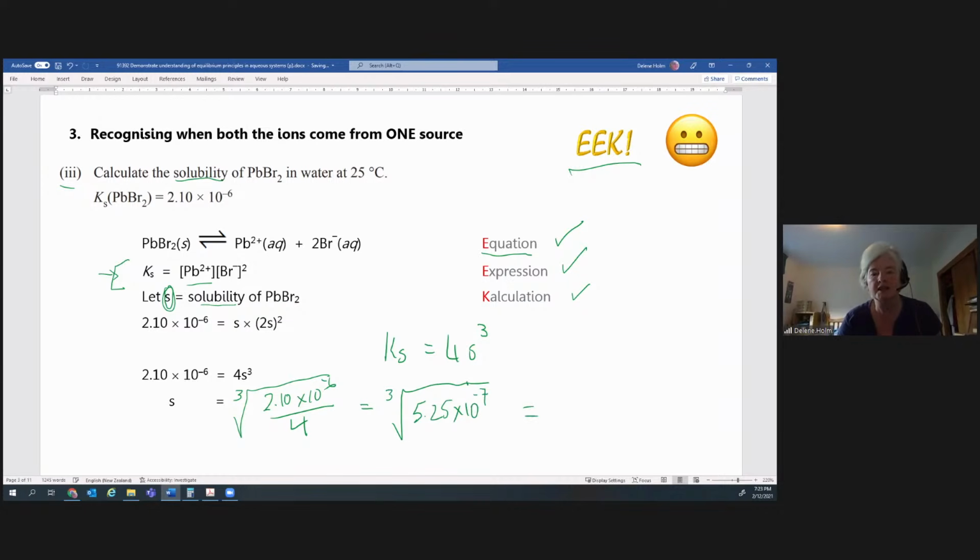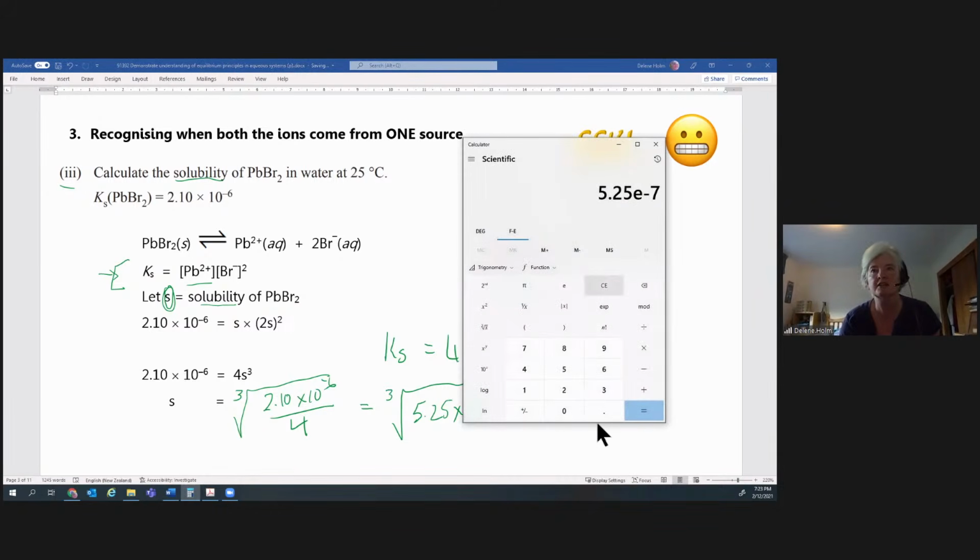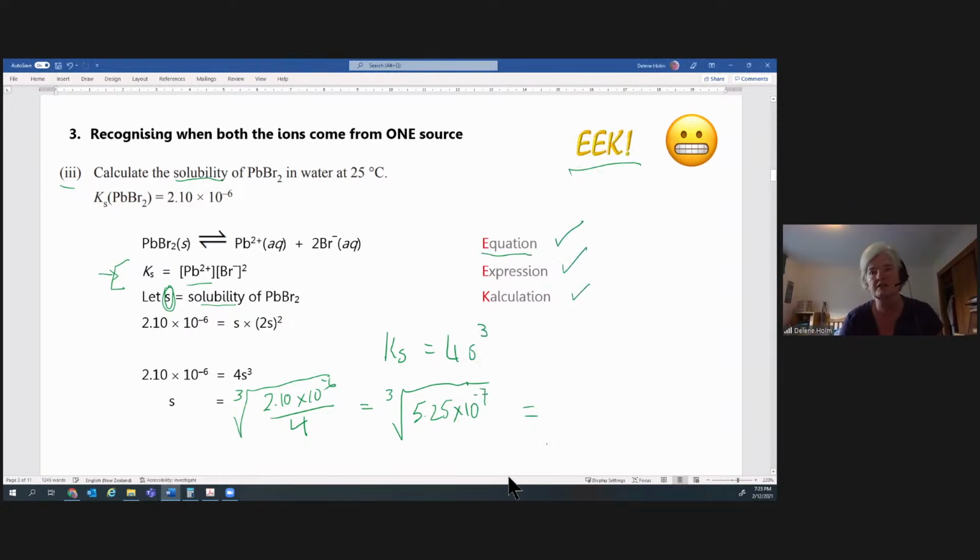And then you take the cube root. So if you've made a silly error with copying something down, at least the examiner can see where you may have made a problem. Now, there should have been a cube root button here. There. So it's 8.067 blah, blah, blah, times 10 to the minus 3. So let's write that down.